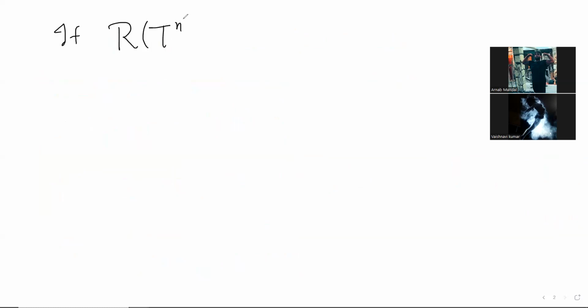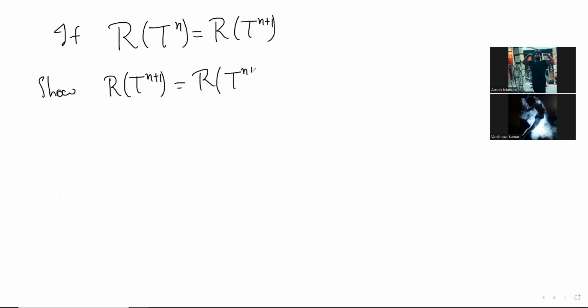If the range of T to the n... So you see, I suppose you can see that this is the same thing as a null space condition.